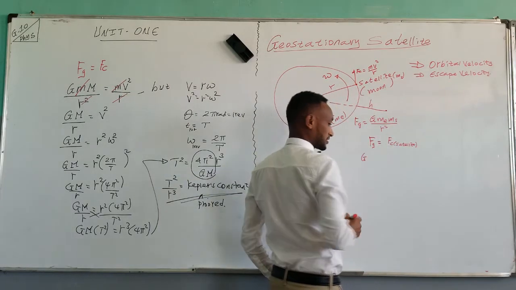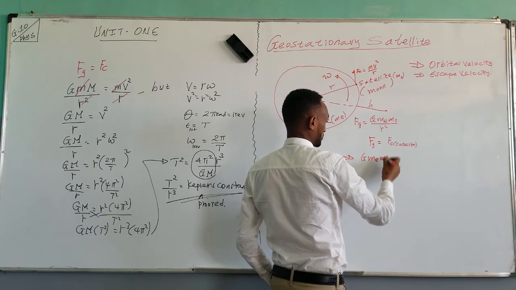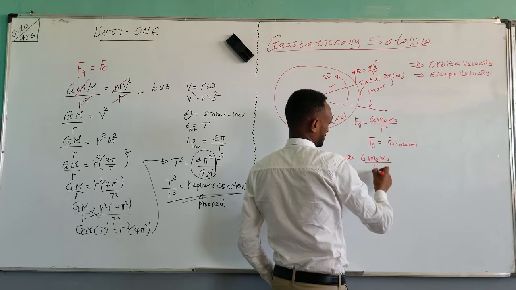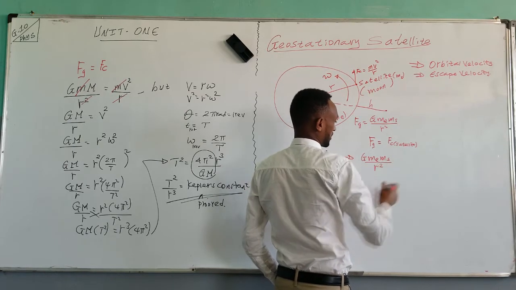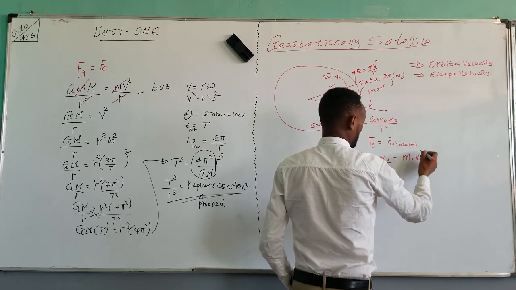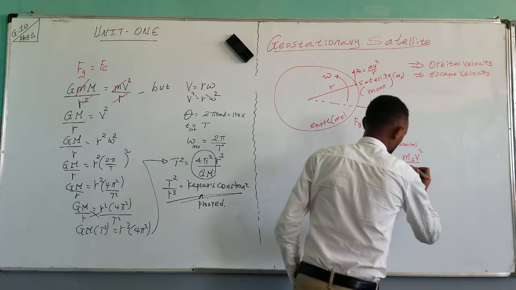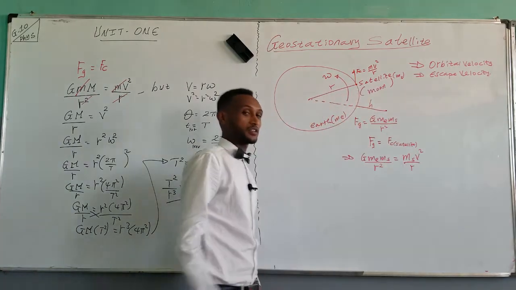So the gravitational constant times the mass of the Earth times the mass of the satellite over the distance squared is the same as the mass of the satellite times the orbital velocity squared over the distance of the bodies.